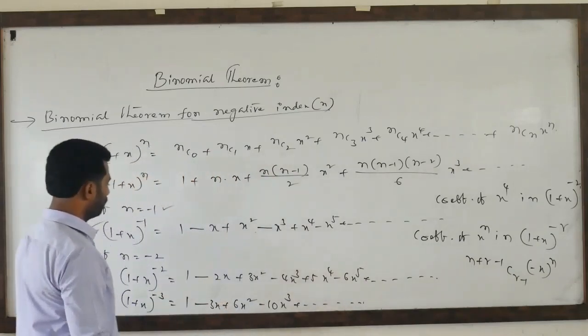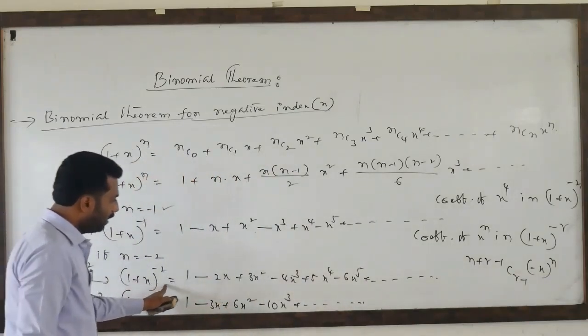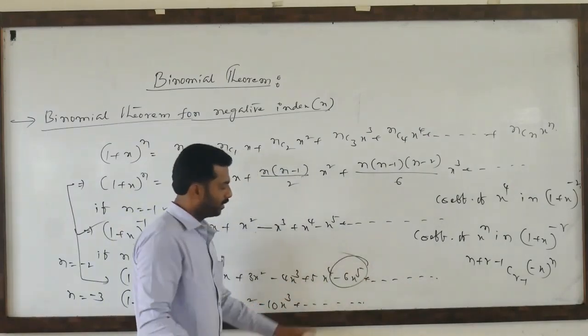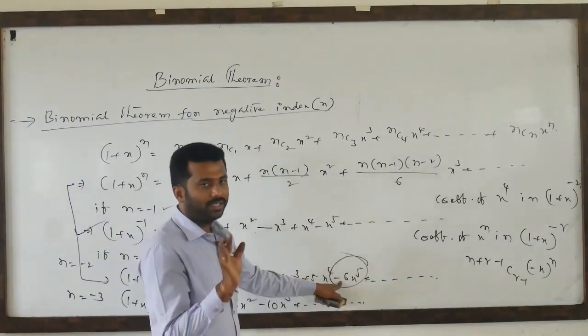Just observe. I will take one point randomly: the x power 5 coefficient. How much did we actually get? Minus 6.